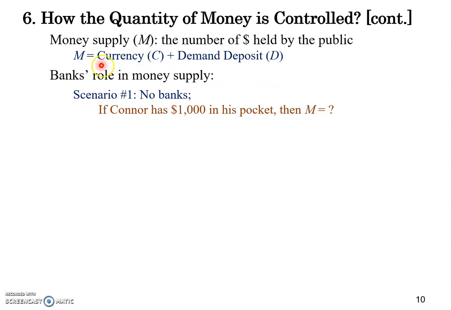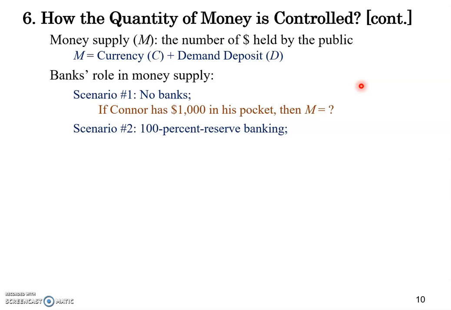So here the currency would be equal to $1,000 and deposit is 0 because there's no banks at all. So here money supply just equals the amount of currency.